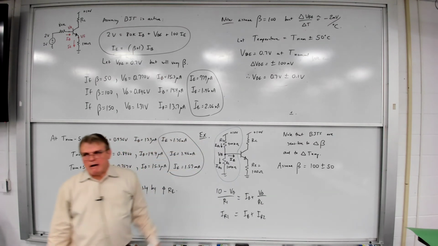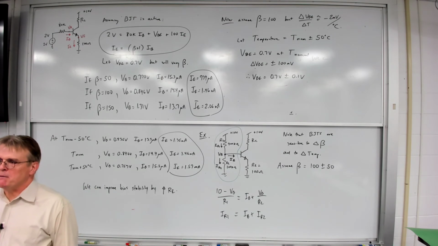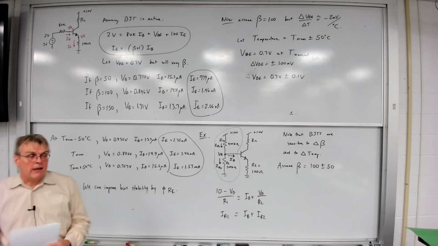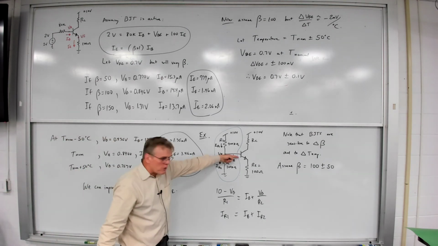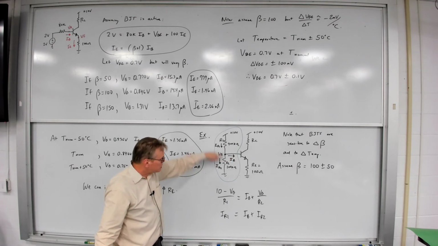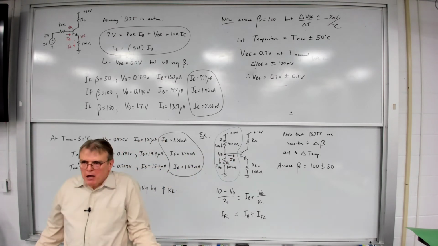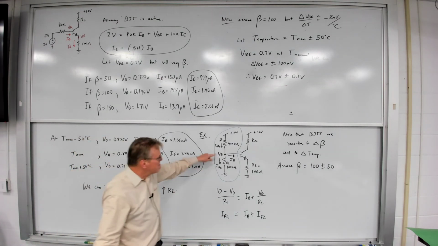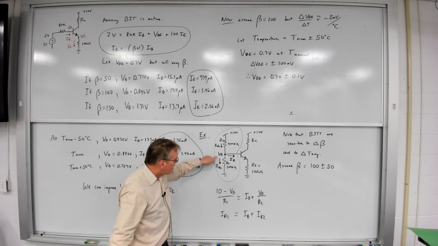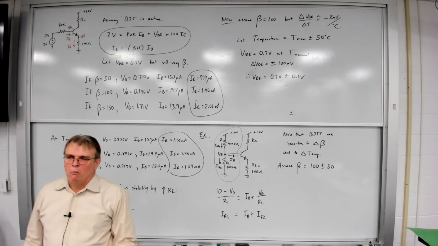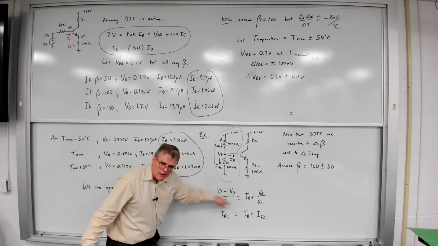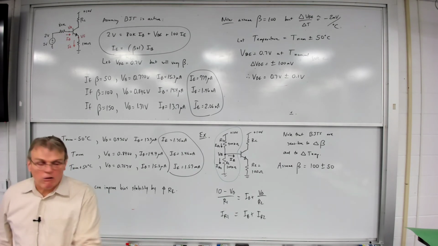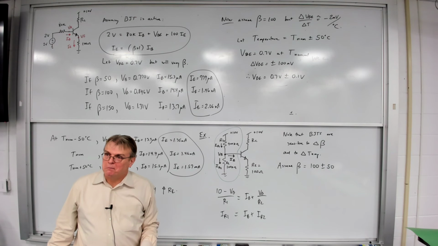This would be a voltage divider, except for one minor flaw in this voltage divider: IB. As base current is pulled out of this node, it changes the value of VB. It can't help but change it, right? KCL tells us that. But what could you do if you wanted to minimize the effect of IB on VB? What could you do according to this equation? What would be the smart thing to do? What if we made IB small relative to IR1 and IR2?